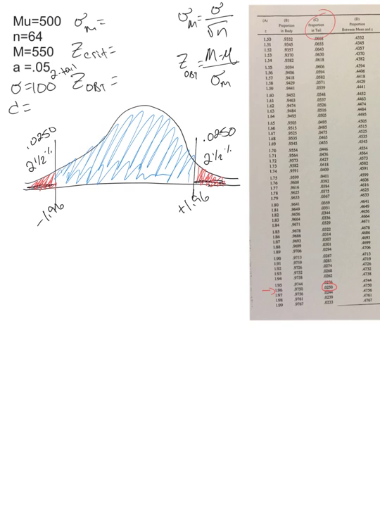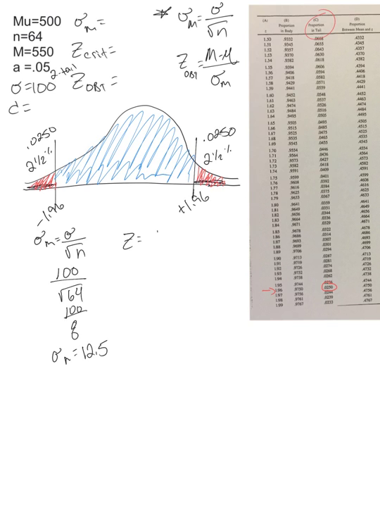The next thing I need to do is find my standard error: standard deviation divided by the square root of n. I have all these formulas up here. Standard deviation is 100, divided by the square root of our sample size of 64, which is 8. So my standard error is 12.5.